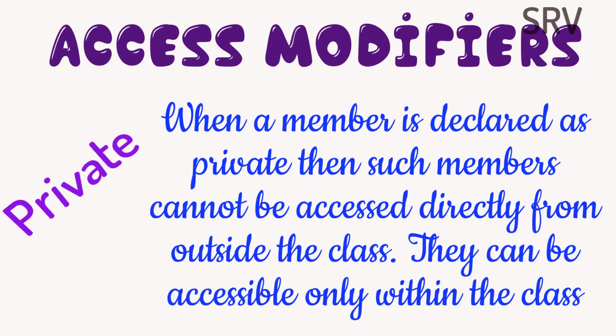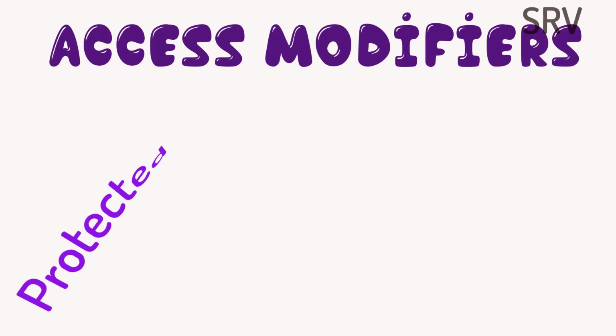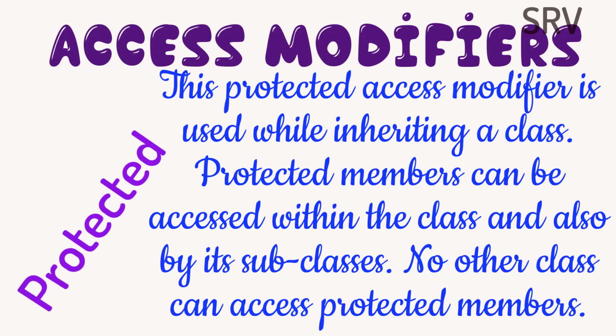They can be accessed only within the class. Next is protected. This protected access modifier is used while inheriting a class. Protected members can be accessed within the class and also by its subclasses. No other class can access protected members.